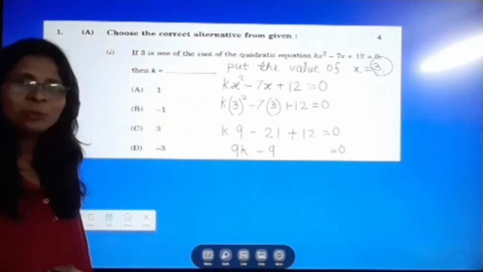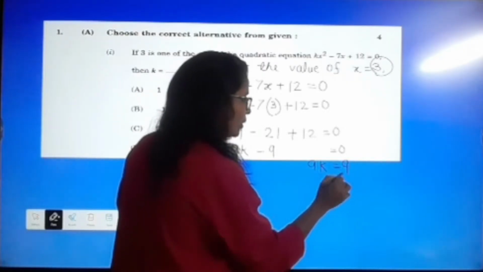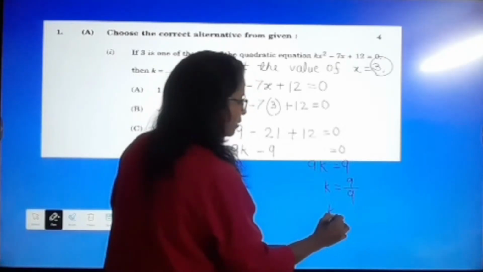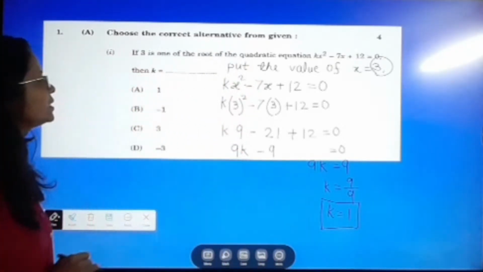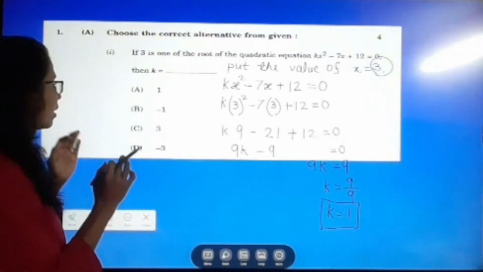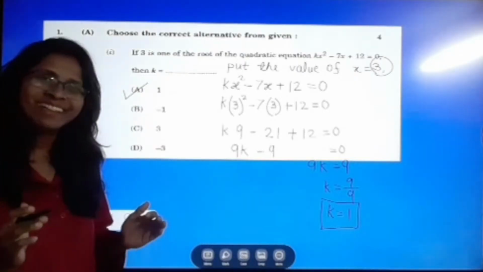The next step is 9k is equal to 9, so k is equal to 9 upon 9, that means k is equal to 1. The correct option is A, that is 1.